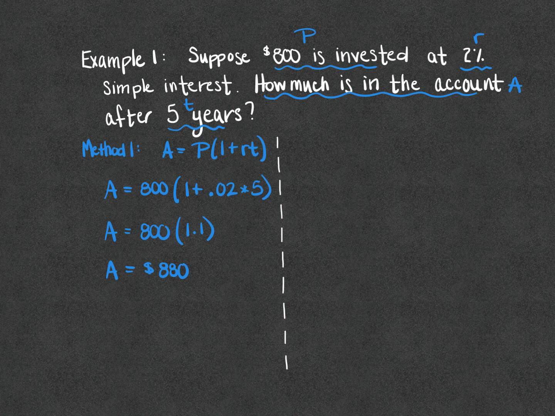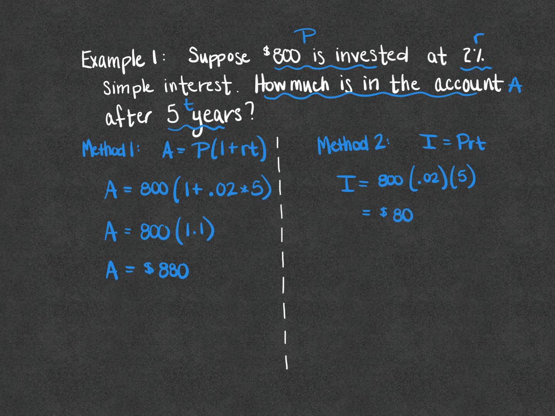The other way that you can solve this same problem is to use interest as principal times rate times time. And so what you would do first is calculate the amount of interest only that was earned in the account by taking the principal times the interest rate times the number of years and multiplying that together.